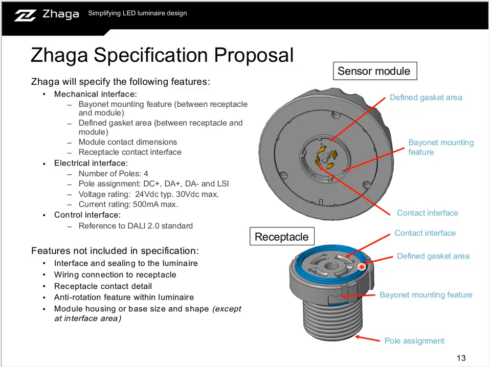Not the size and shape, but just the area that it needs to be in. We're also defining the number of poles, pole assignment, the voltage rating, and then the control interface. I hope that clarifies the question.